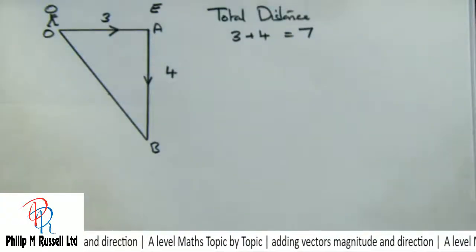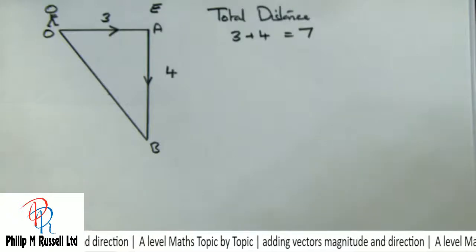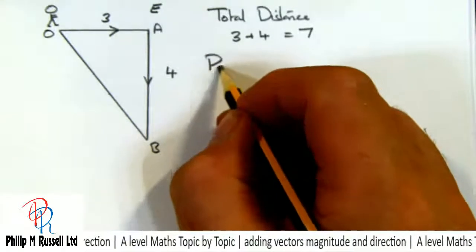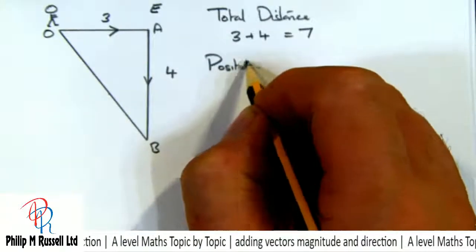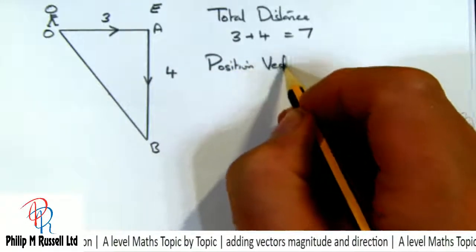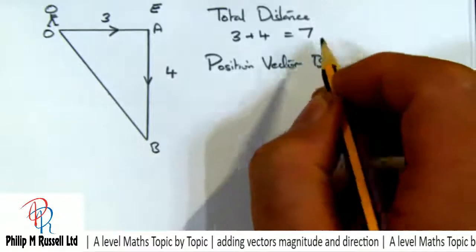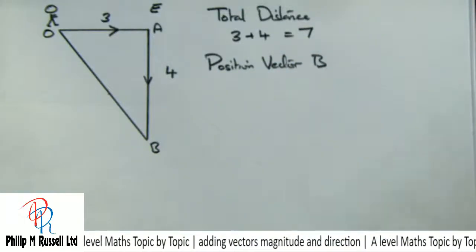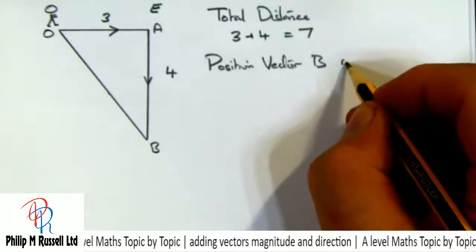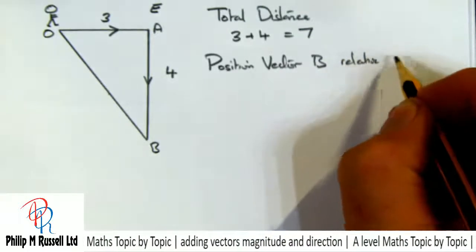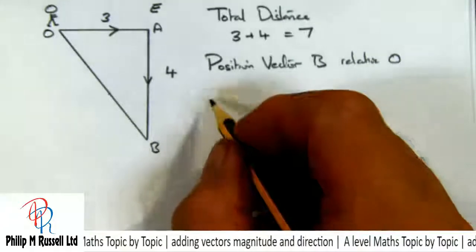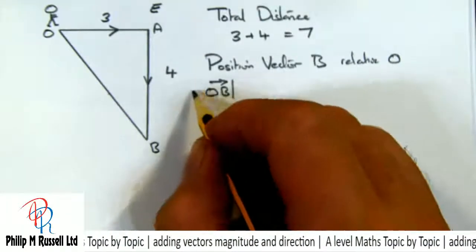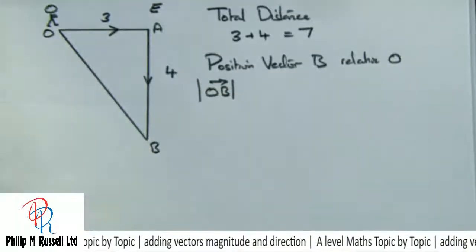Now let's see if we can work out the position vector of B, but relative to O. So I want to work out what this is.